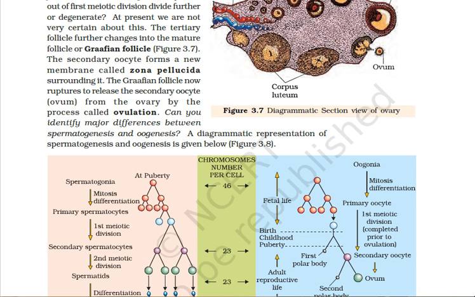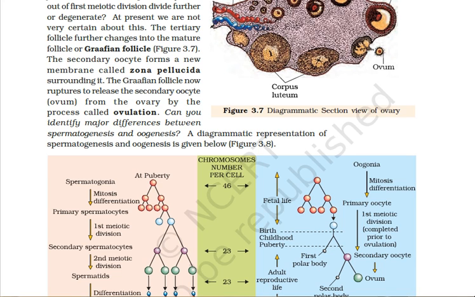Now what is the significance of oogenesis? Each primary oocyte undergoes two maturation divisions, that is meiosis 1 and 2, and produces one ovum and two or three polar bodies with half the number of chromosomes.